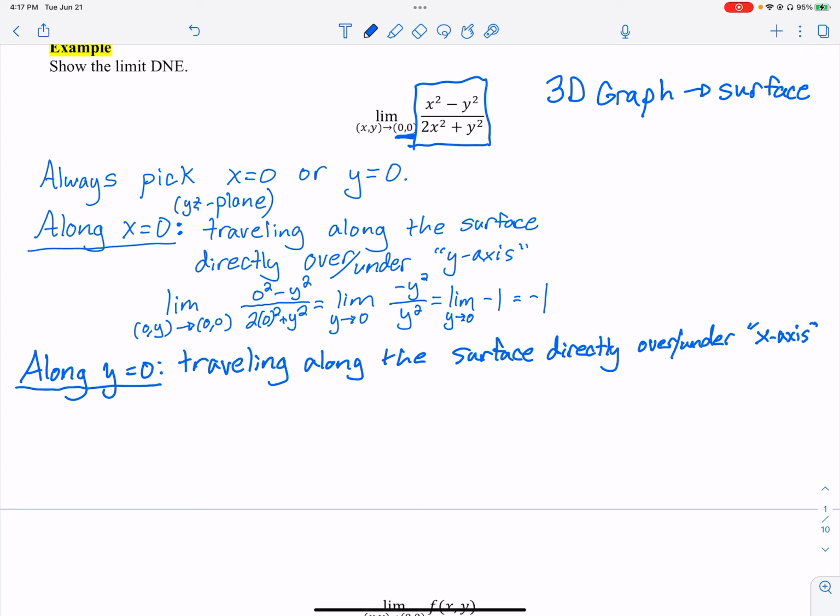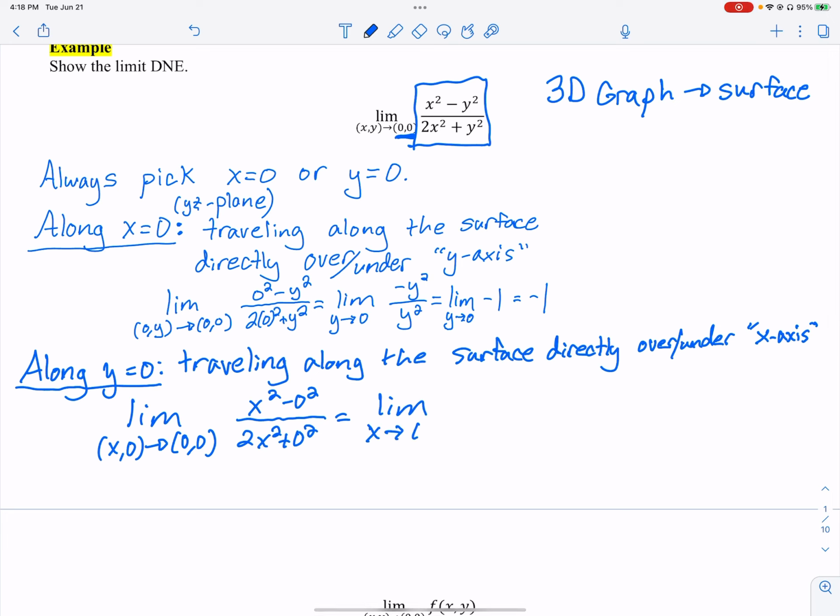All right, so we do that same type of limit. We have x still there, but y is 0 now, going to 0, 0. So I get x squared minus 0 squared over 2x squared plus 0 squared. We get the limit as x approaches 0. Please write limits every time. Please don't make me count off.